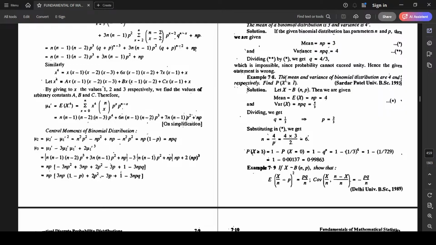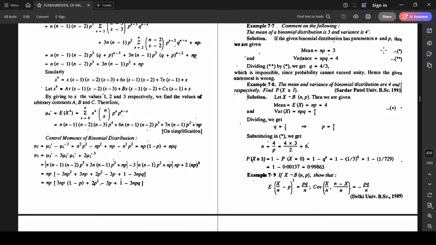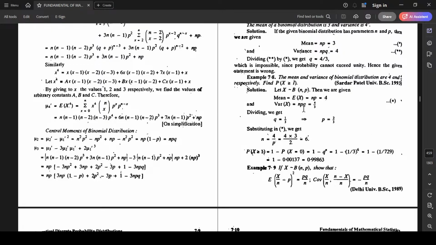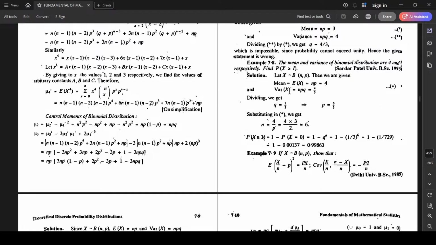Mean E(X) is equal to np is equal to 4 and variance of X is npq is equal to 4 by 3. See, in the previous question it was 3 and now it's 4 by 3. So if you divide, you will get 4 by 3 upon 4, so 1 by 3. So it's valid. So we'll solve the next step.